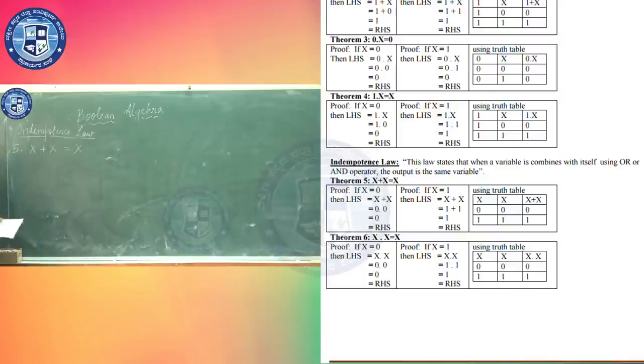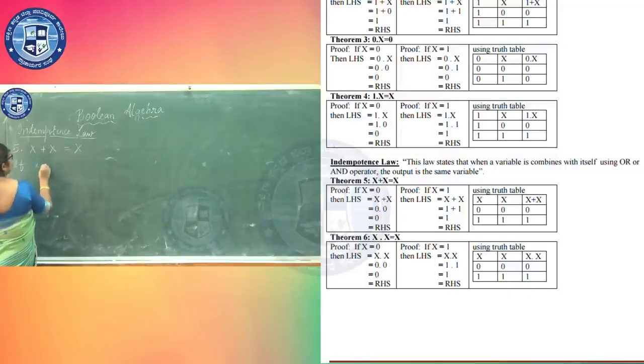As the law states, when the variable combines itself with AND or OR, the resultant will be x. So we shall prove this by perfect induction. And if you want, you can refer to the truth table given in the notes.